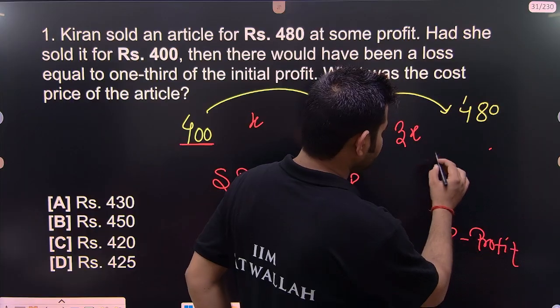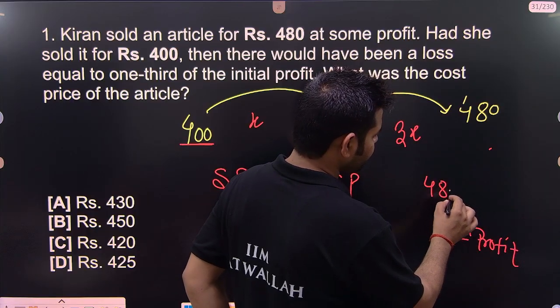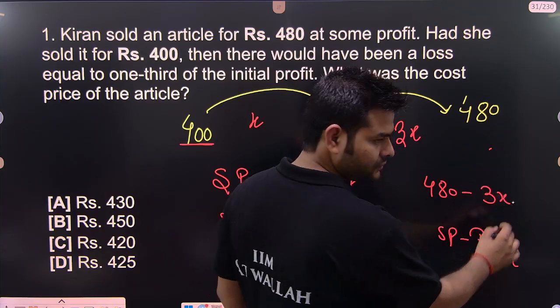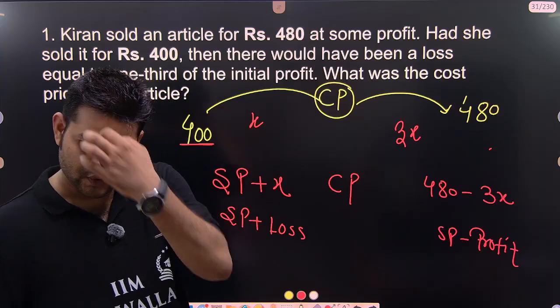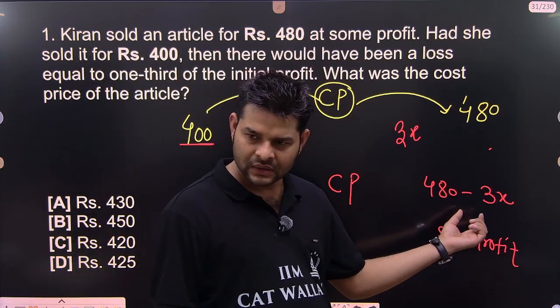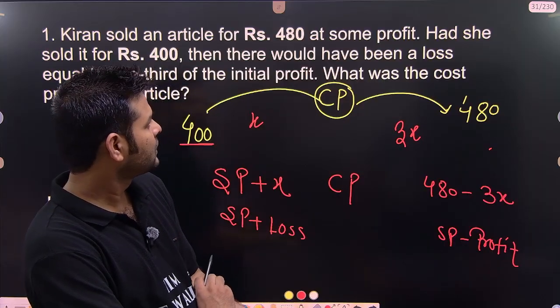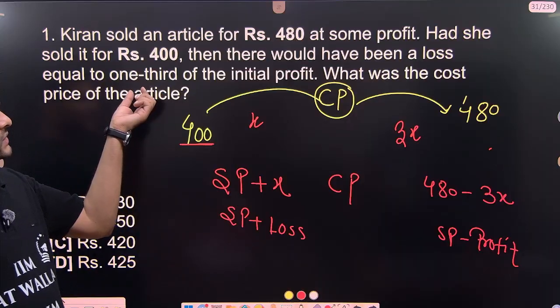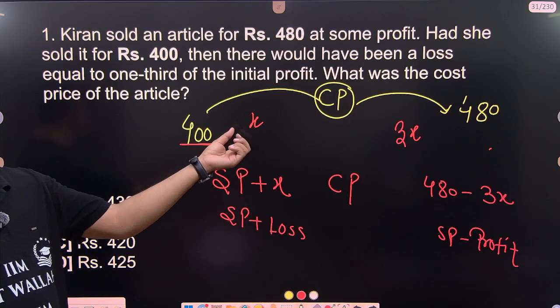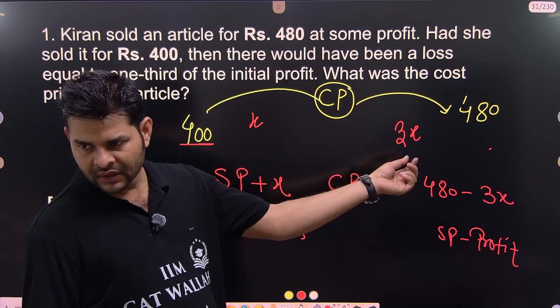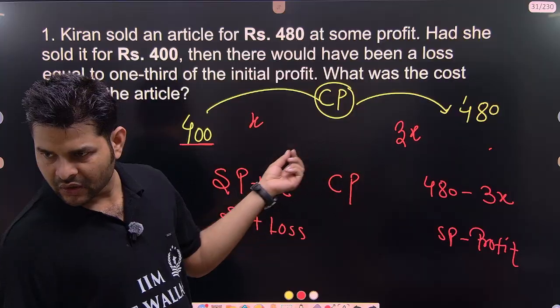So here SP is 480, and the profit is 3x. If 3x is the profit, then 1/3 of 3x would be the loss.